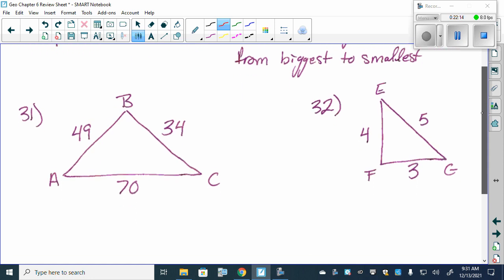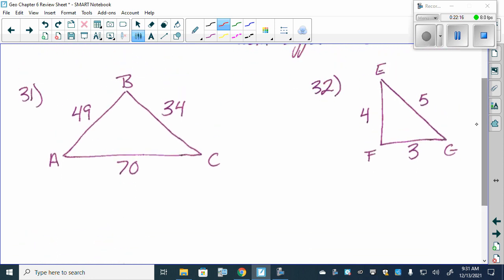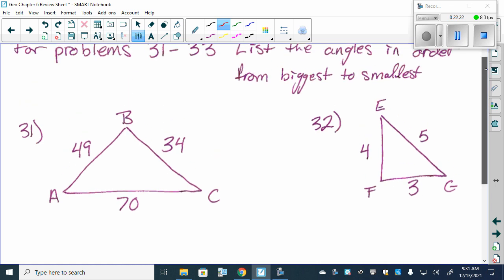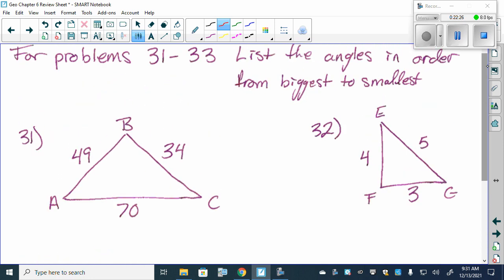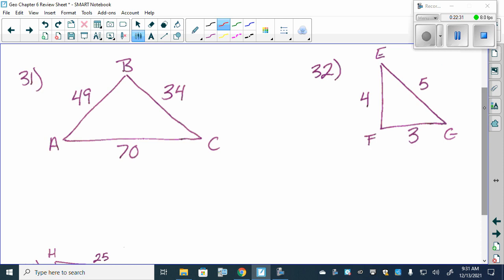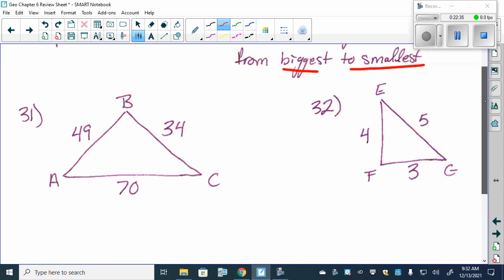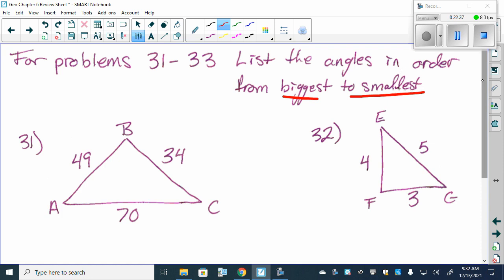Because 31, 32, and 33, which one of those do we want to look at? Huh? 31. So we're wanting to list from biggest to, list what?